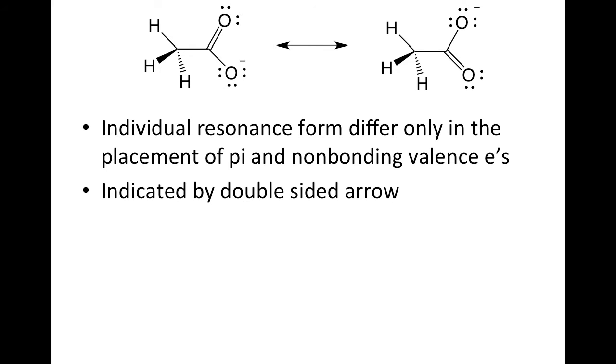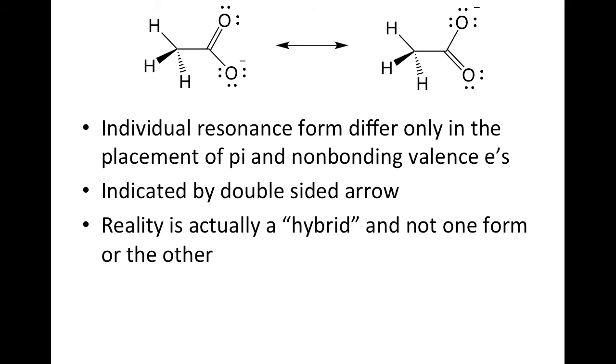The two forms are distinguished by this double-sided arrow, and that's the way we indicate that these are resonance forms of one another. The reality is actually a hybrid and not one form or another.